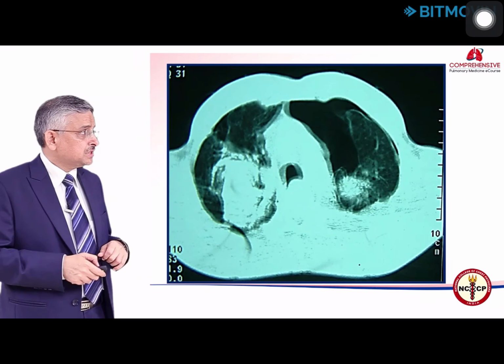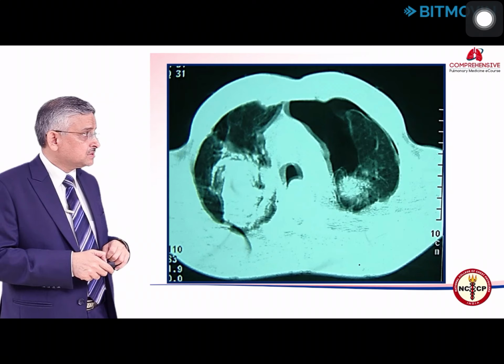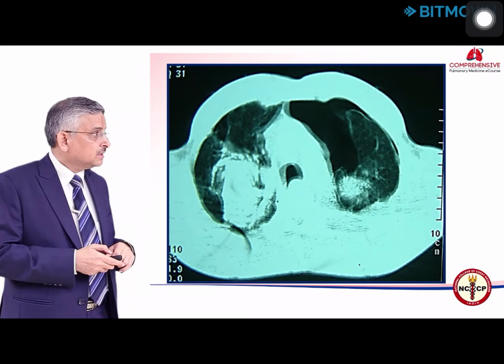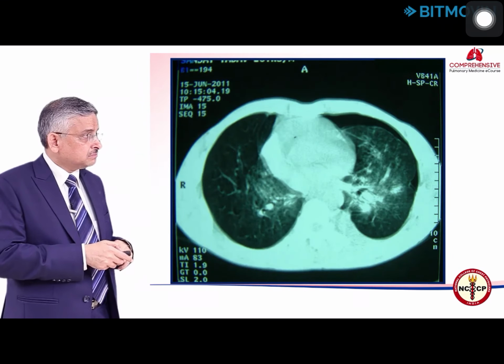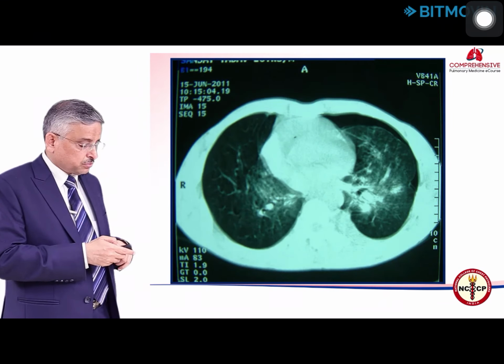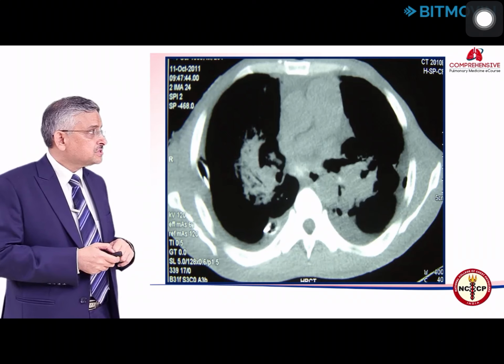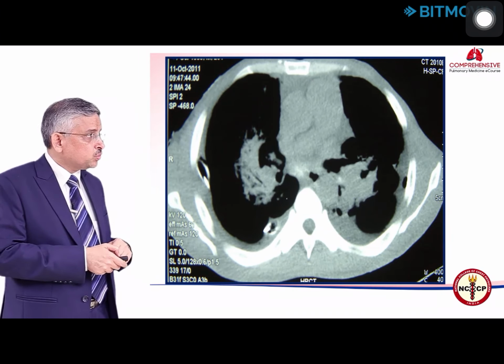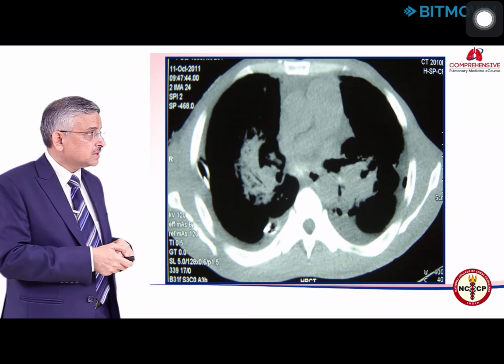The CT, this is the CT he was carrying with him from Bihar, which shows this fibrosis, but you can see that there is a pneumothorax also on the left side. Again, the lower cuts showing fibrosis with pneumothorax, and this is the CT which we had done here, which shows again dense fibrosis with pleural involvement, dense areas of parenchymal fibrosis.